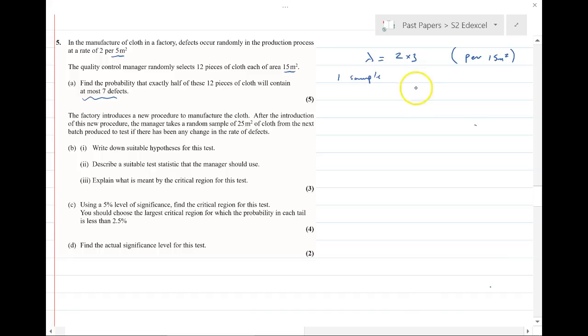So let's write the distribution. X is Poisson 6, and we want to find the probability that X is at most 7. That means less than or equal to 7. So the inequality is in the direction we want to just read directly from the tables.